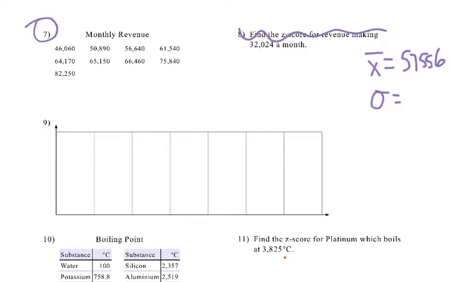Now to find the standard deviation, I have to subtract that from all of them. Doing that by hand is very time consuming and difficult. You can do it, but it's easier to probably use an Excel spreadsheet, a calculator, something that can do that for you. So I'm going to hurry and do that, but I'll talk you through. I put in my numbers, then we found the mean already, so I'm going to subtract the mean from those numbers, and doing that will give me that deviation, how far away they are from it.